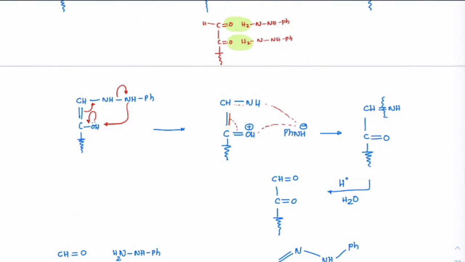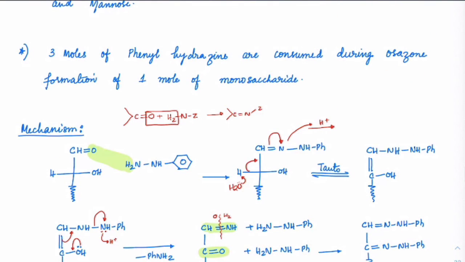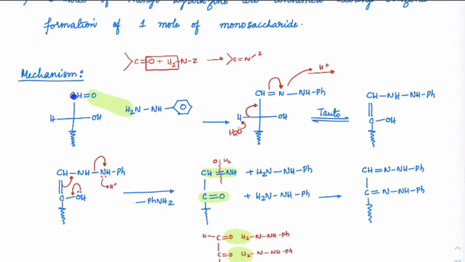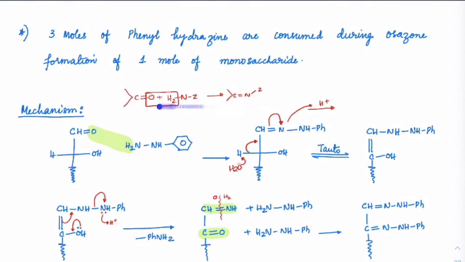Now, the second problem is this one, osazone. I'll show you once again. This is the first reaction. If you remember, how does this happen? Hydrazines, right? We normally make this reaction in acidic medium, correct? Why?